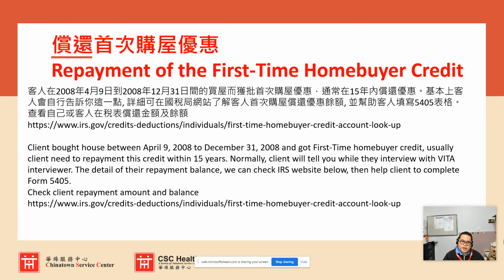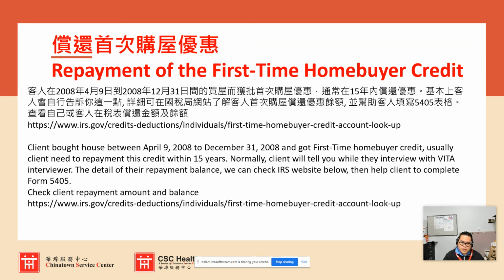So the client bought a house between April 9, 2008 and December 31st, 2008. They got the first time home buyer credit. Usually the client needs to repay this credit within 15 years. Normally the client will tell you while they interview with the VITA interviewer. The details of their repayment balance, we can check on the IRS website below.